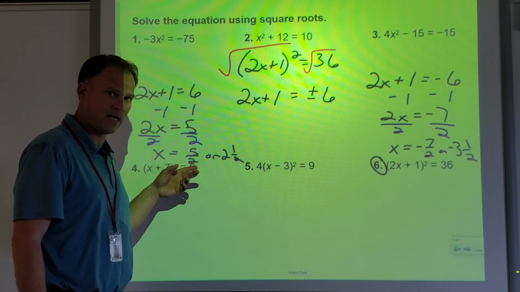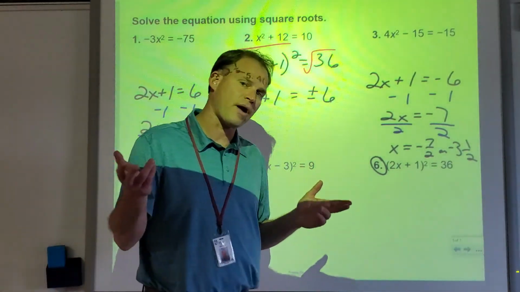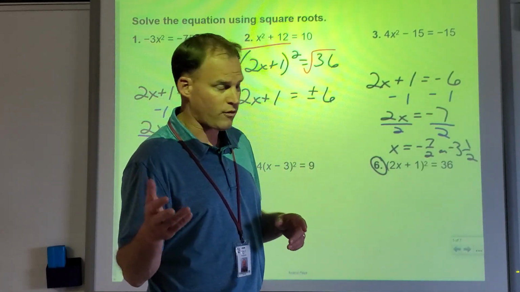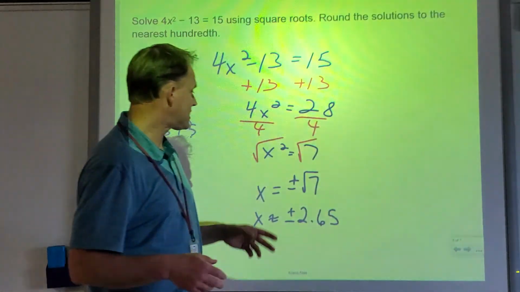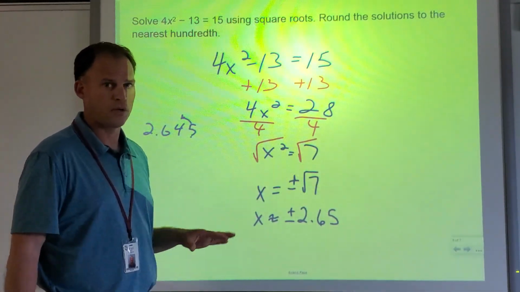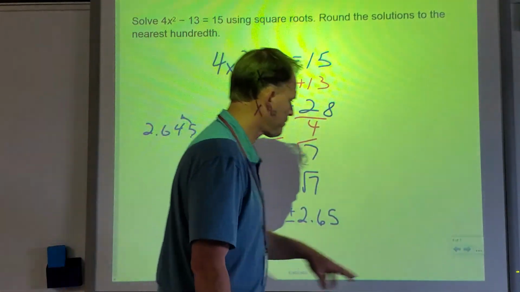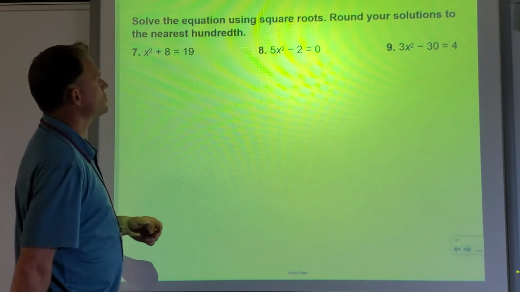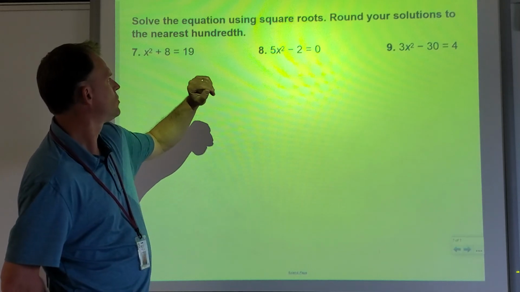I'm not doing that. Okay, if it's a clean fraction, 1/2, 1/3, 1/4, something normal, that needs to be written in fraction form. If it's an ugly radical that's an irrational number, nearest 100th is going to be the acceptable answer here.